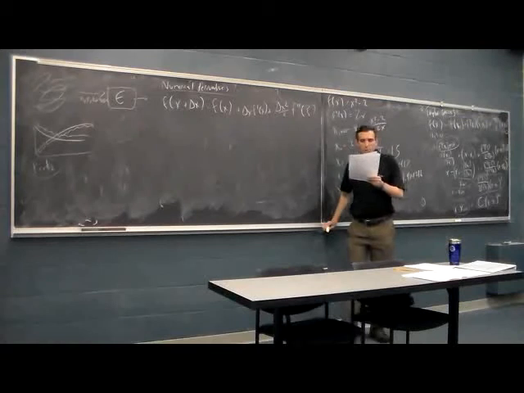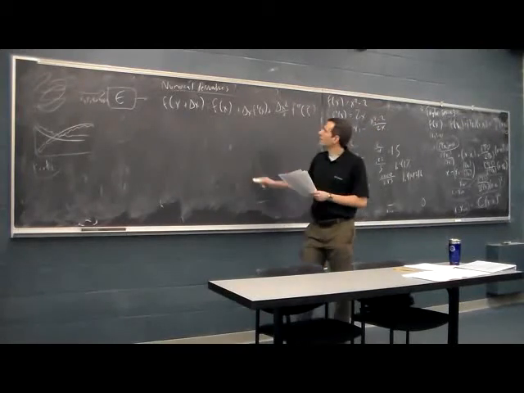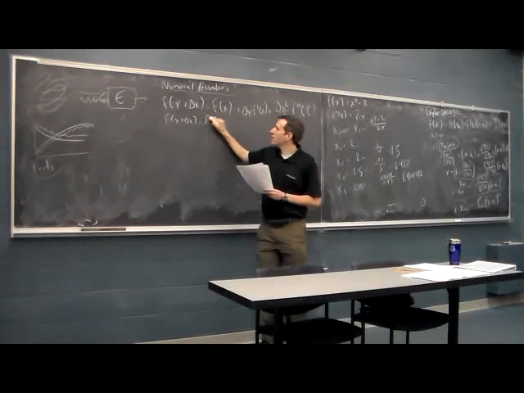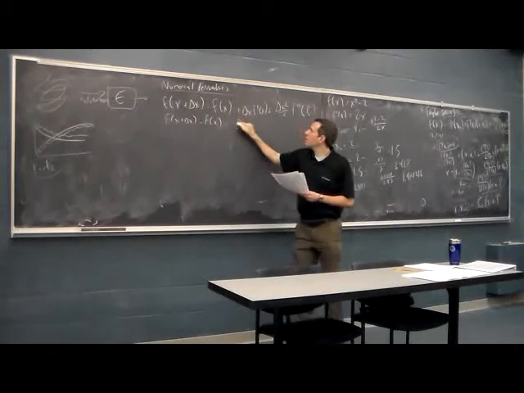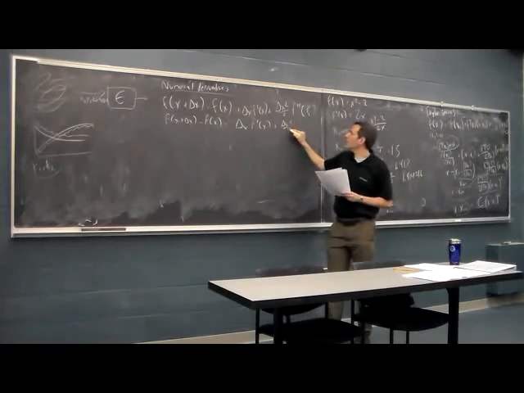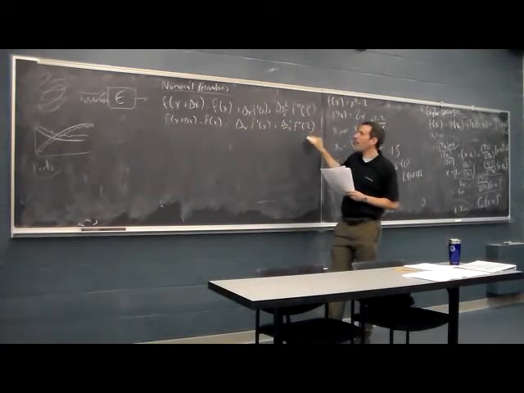Now with a little rearrangement, we can do the following. We can say that this tells us f of x plus delta x minus f of x is equal to delta x f prime of x plus delta x squared over 2 f double prime of psi.